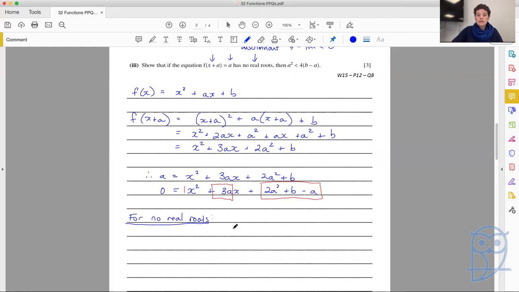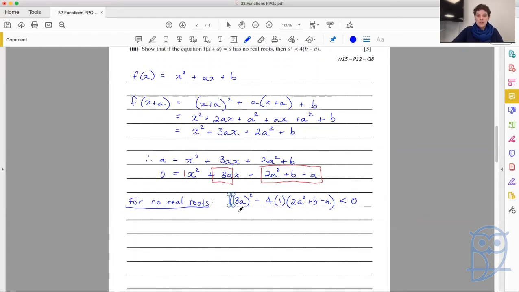So in this case, no real roots: b squared, (3a) squared minus 4ac, with c being 2a squared plus b minus a. The whole thing is c, so the whole thing must come into your discriminant. And no real roots means less than 0.